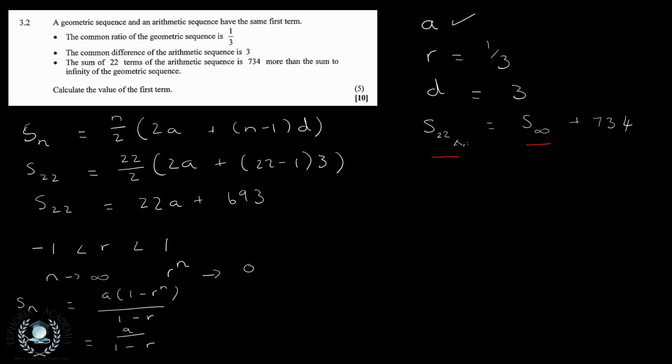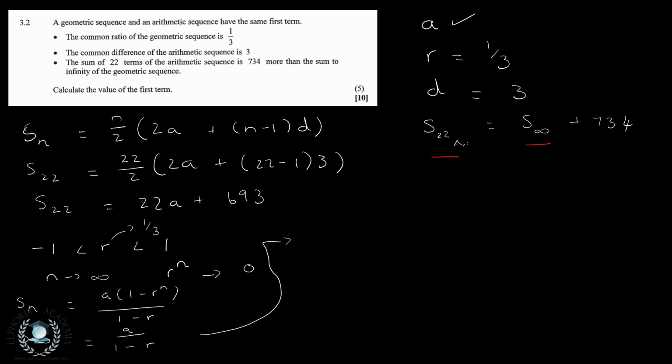Okay, so let us substitute, because our r is actually 1 over 3, so we can confidently say that's our formula, a over 1 minus r.